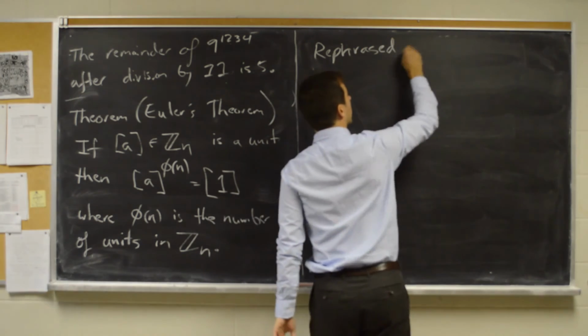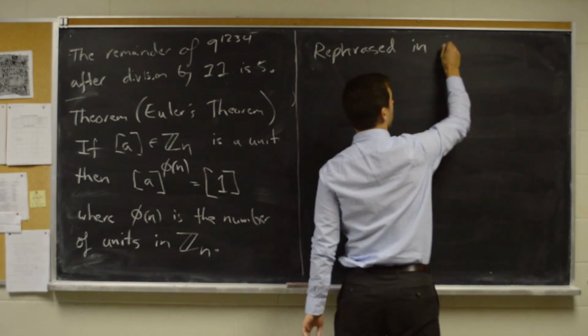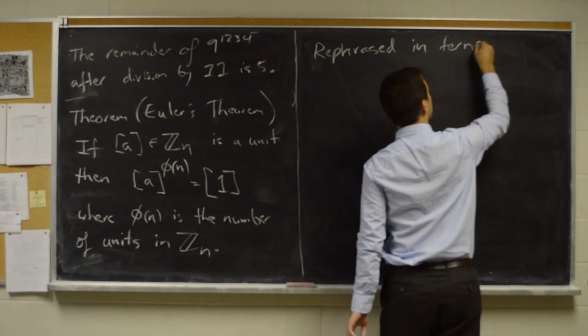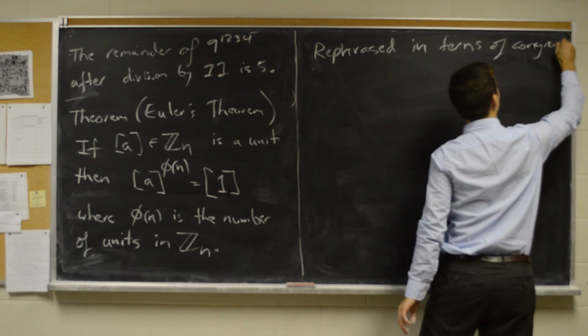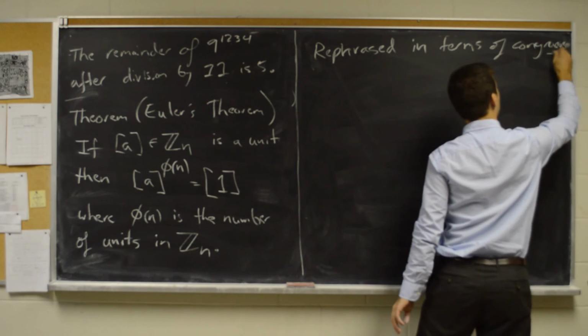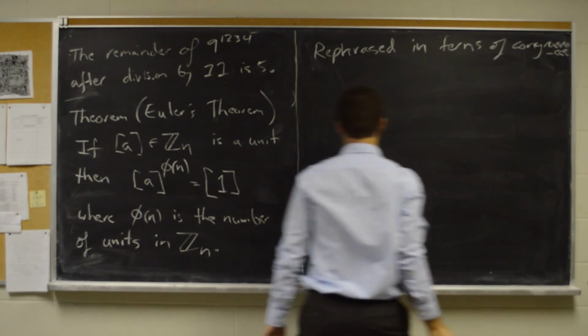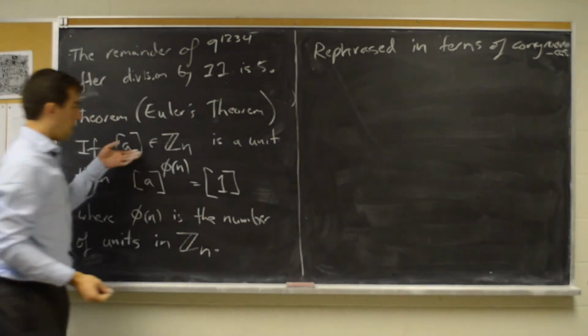rephrase this in terms of congruences. How do I interpret this?